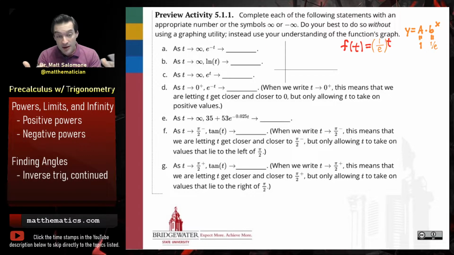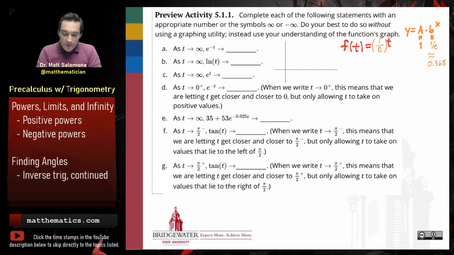It's this constant. And so if I take 1 over e, I'm just looking at a number that's about 1 divided by 2.71828 and so forth. So if I ask a calculator for a decimal approximation of that, I get about 0.368. It's about 0.368.